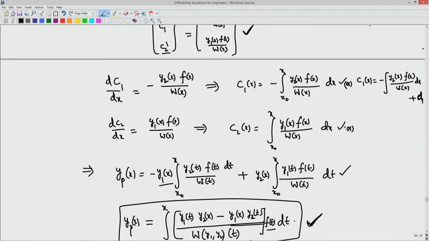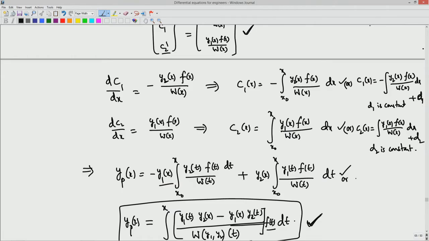Similarly, C2 of x you can also find as a definite integral: the integral of y1(x) f(x) by W(x) dx plus an integration constant d2. Here d1 and d2 are integration constants. Once you get them, you put it together.